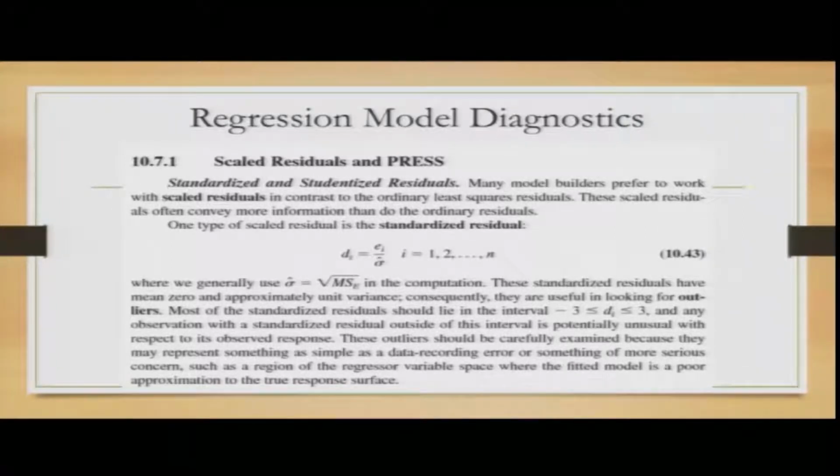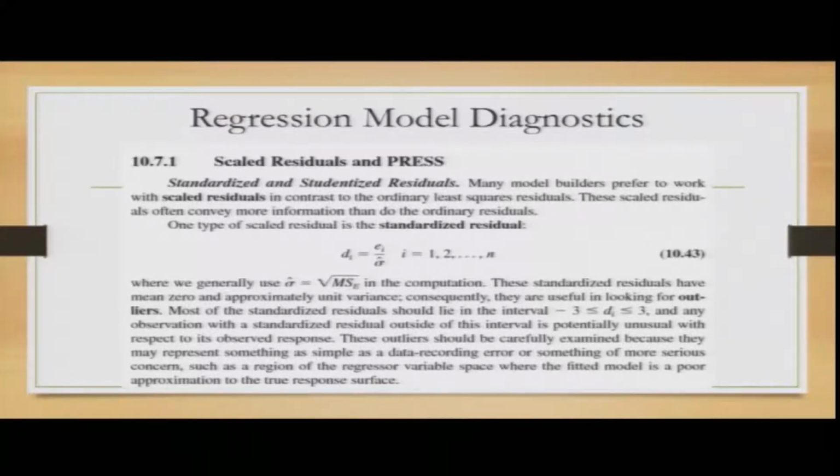They are useful in looking for outliers. Most of the standardized residuals should lie in the interval of plus minus 3, considering that you are in a position to cover about 99.97 percent of the variability, that is plus minus 3 sigma. Any observations with standardized residuals outside the interval are potentially unusual outliers, and they can be rejected or action can be taken accordingly.